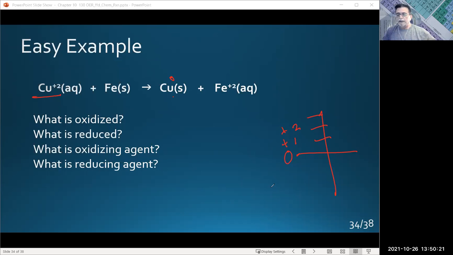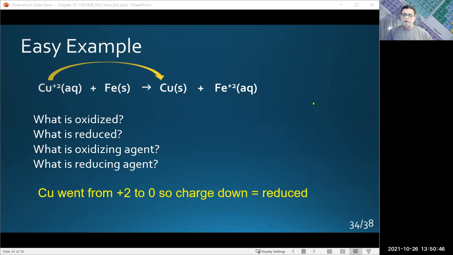So in order to do that, does it gain or lose electrons? I mean, how do I make a +2 go to 0? Well, you add a -2, right? And what is negative is the electrons. So copper 2 goes from +2 to 0, so its charge goes down value-wise, so it is reduced.